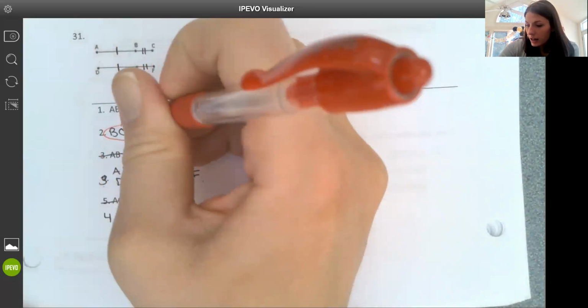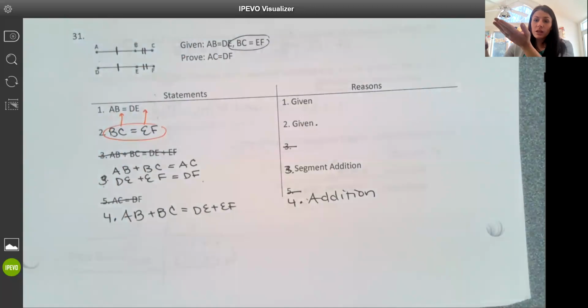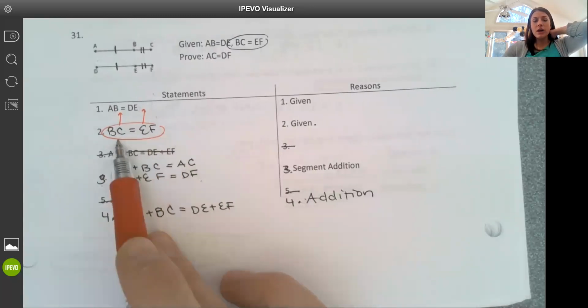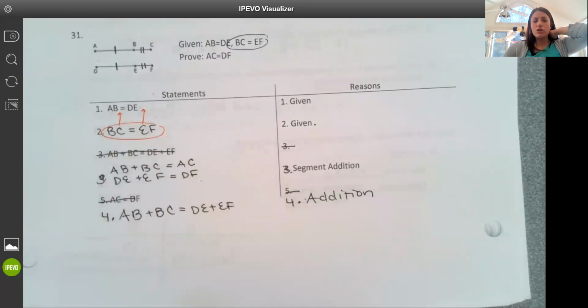So I can add the same amount to both sides of an equation and it doesn't change it. Okay, so because BC and EF are the same amount, it's like saying 5 equals 5. I can add 5 to both sides of my equation. It's still going to keep it equal. So we're using the addition property to say if this is equivalent amounts, I can add it to both sides of my equation and not change anything.